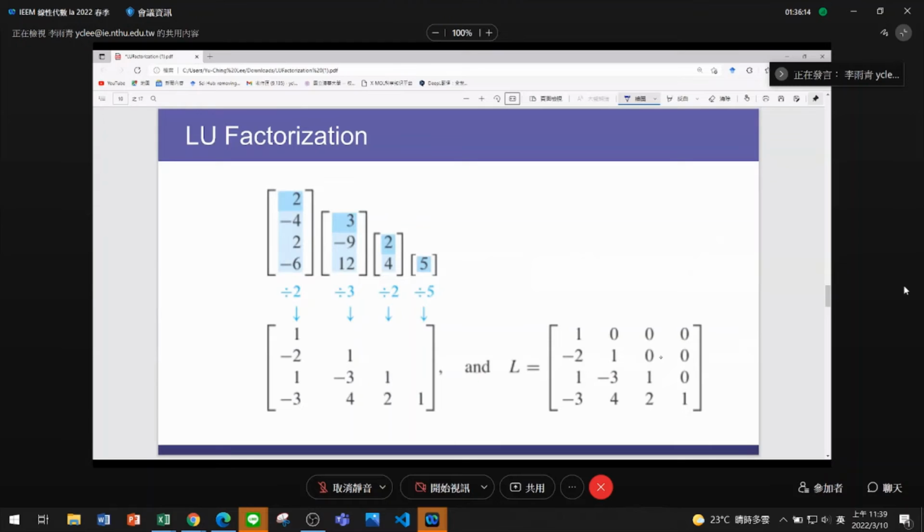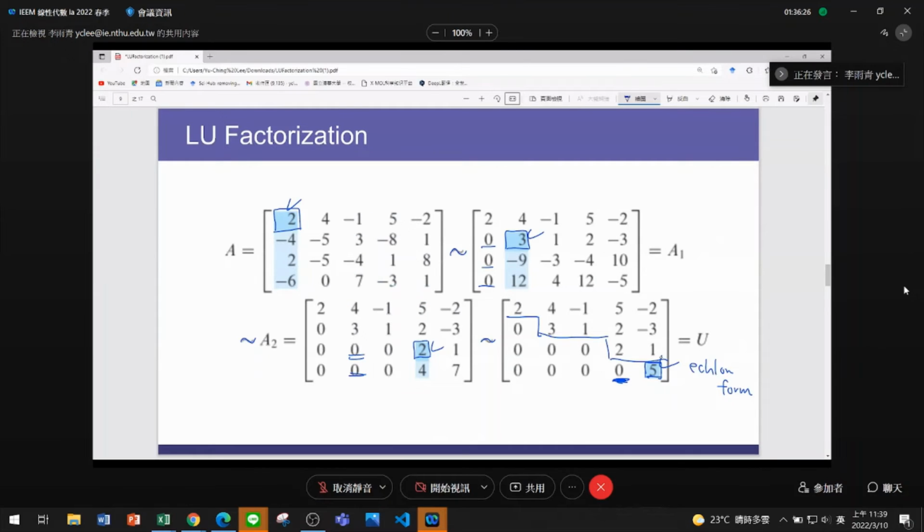Then we collect the pivot positions and everything below them. So this is the original pivot column: everything right here, everything right here, and everything right here, everything below it.